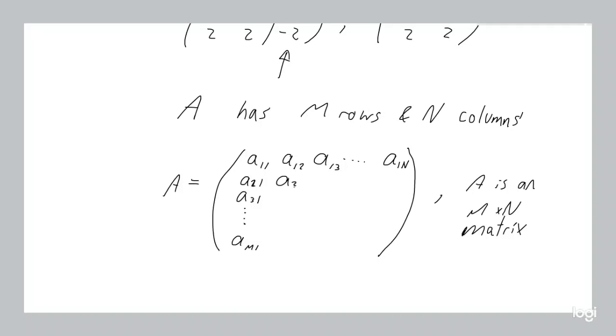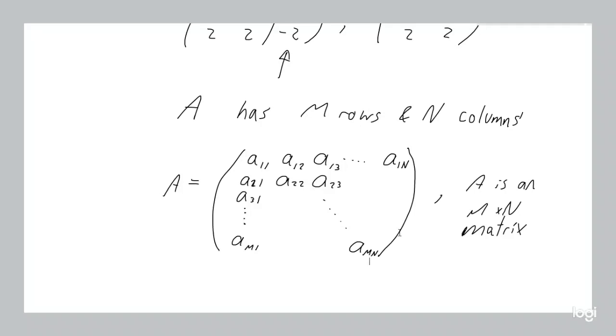Well, that's the second row, second column. What about this value here? Well, that's the second row, third column, and so on. And the very bottom entry, the bottom row, the very last column, that'll be the mth row and the nth column.